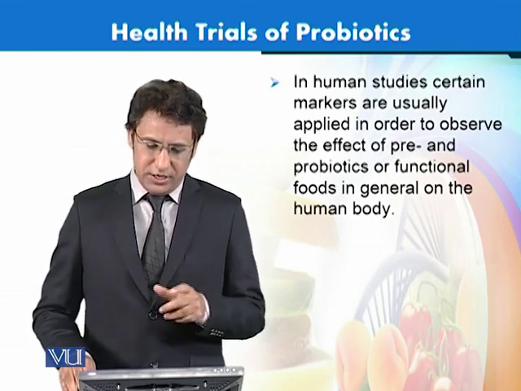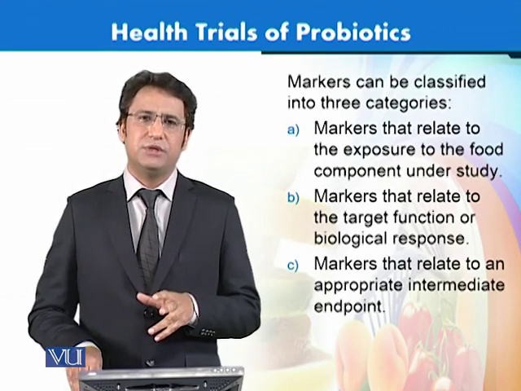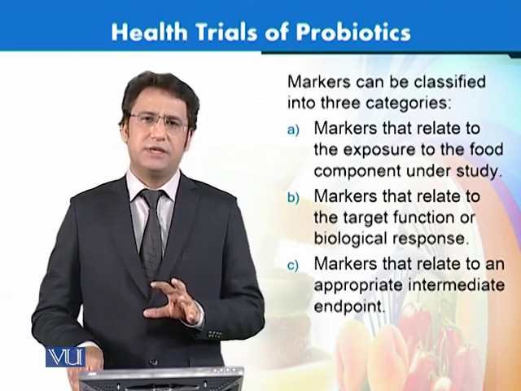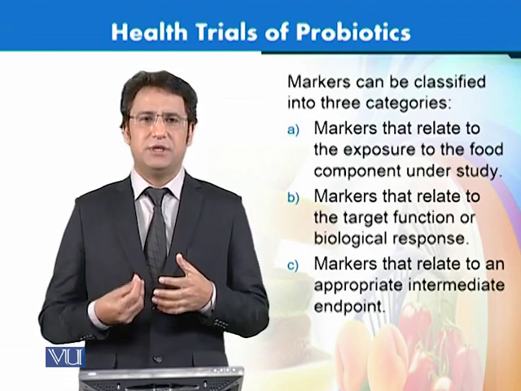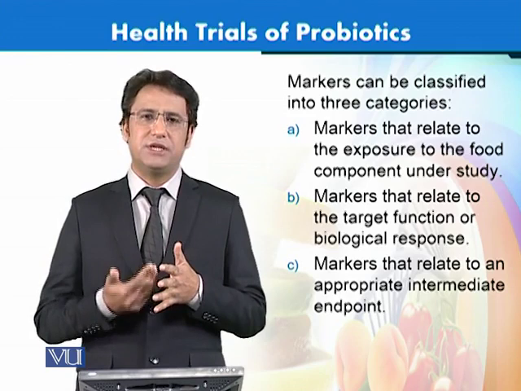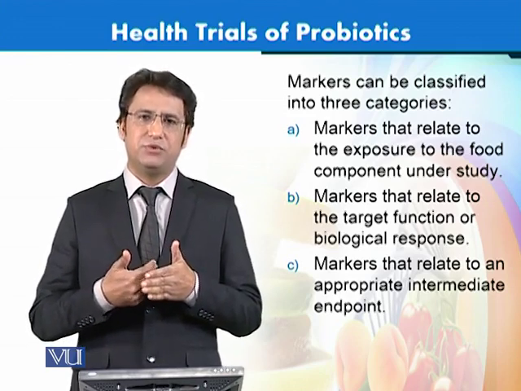There are different kinds of markers that can be used for these human clinical trials. There could be markers that tell you about exposure to a certain food. So we can select certain markers that tell us whether there has been exposure to a certain food or not.